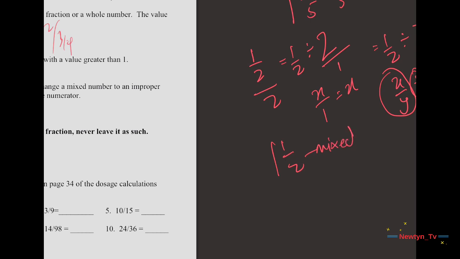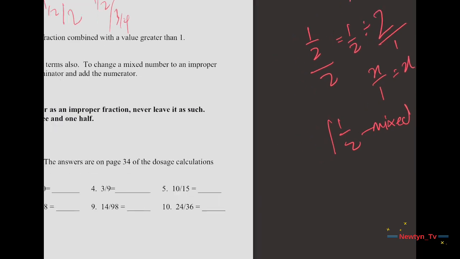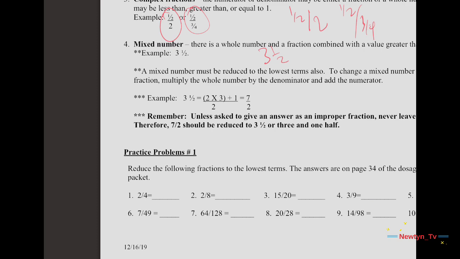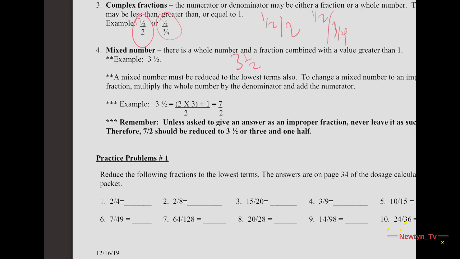So we can change a mixed fraction into an improper fraction, and we can change an improper fraction to a mixed fraction. That's what we are going to talk about here. In this one, you can see that we have 3 as a whole number and 1 on 2. Now when they did it, they got an improper fraction, 7 on 2. We can change this improper fraction into a mixed fraction by looking for a number that, when we multiply by the denominator, gives 7 or something closer to 7, which is 3.